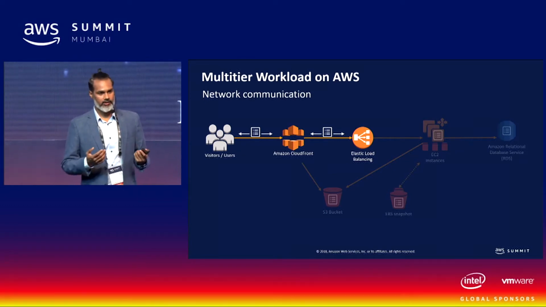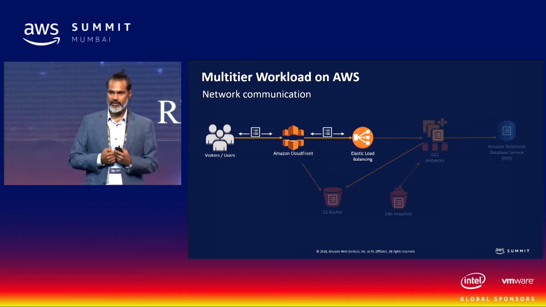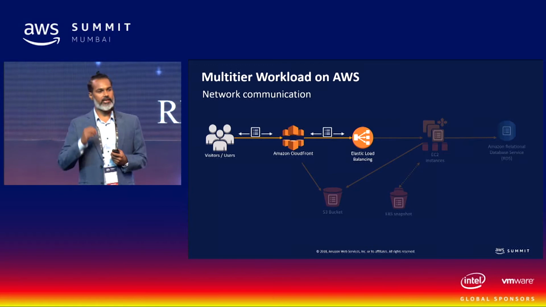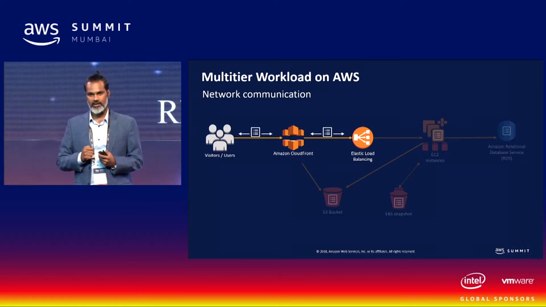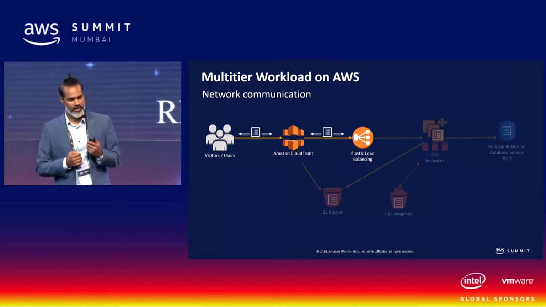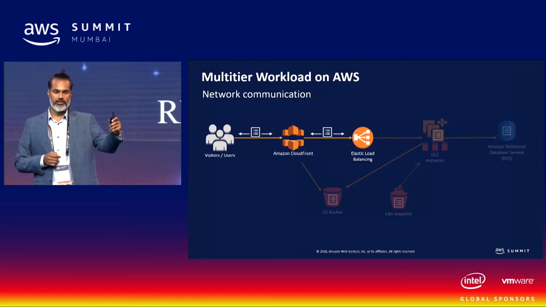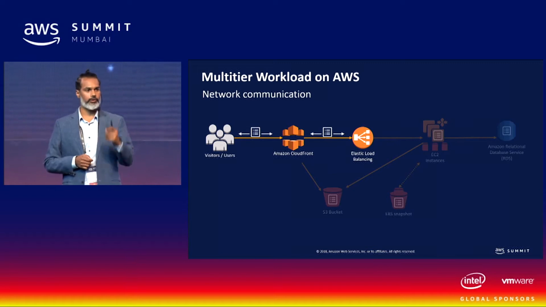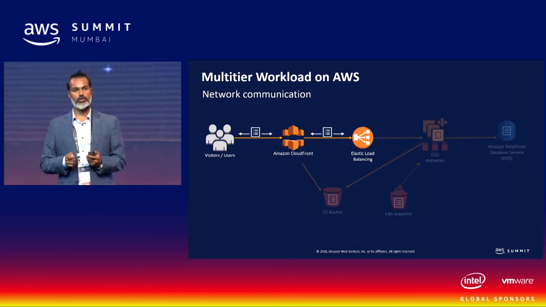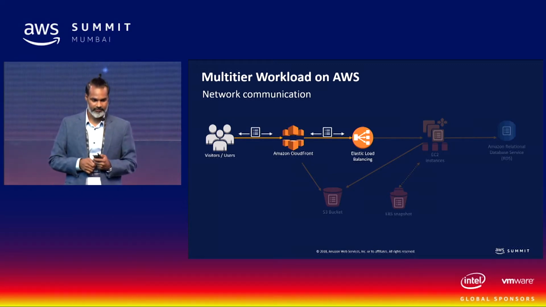What about the network? From a network perspective, we talked about S3, EBS, RDS. During transit, when the user connects to your edge, that means to a CloudFront or to ELB, that communication needs to be secure as well.